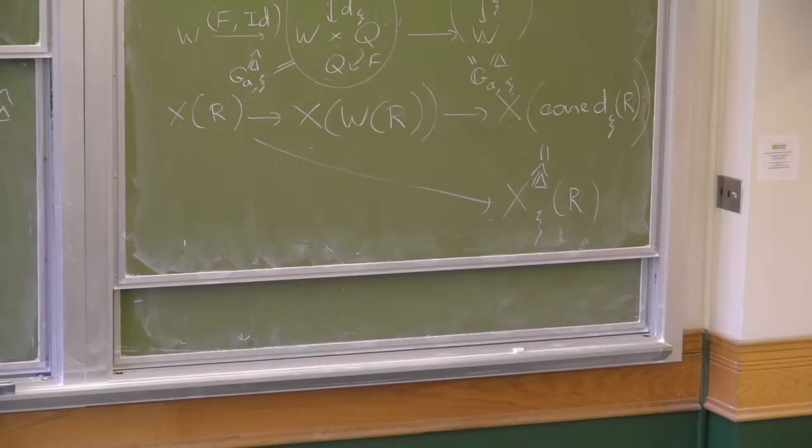You are saying that let's use something else to have a map from W to the fiber product, and then of course it gives you a map. Okay.